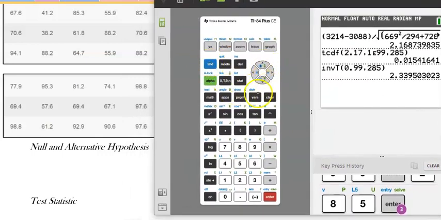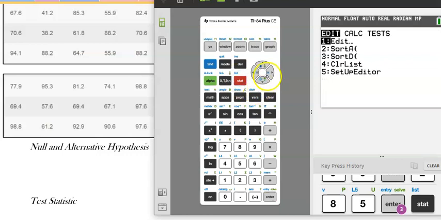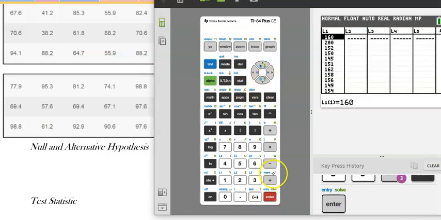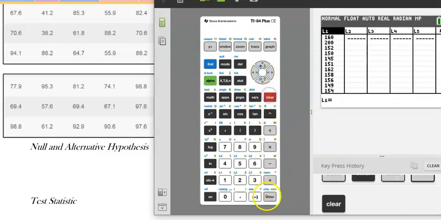So if you remember how that goes, we go statistics, we go edit, and we're going to clear that column. There. And we're going to input those in.